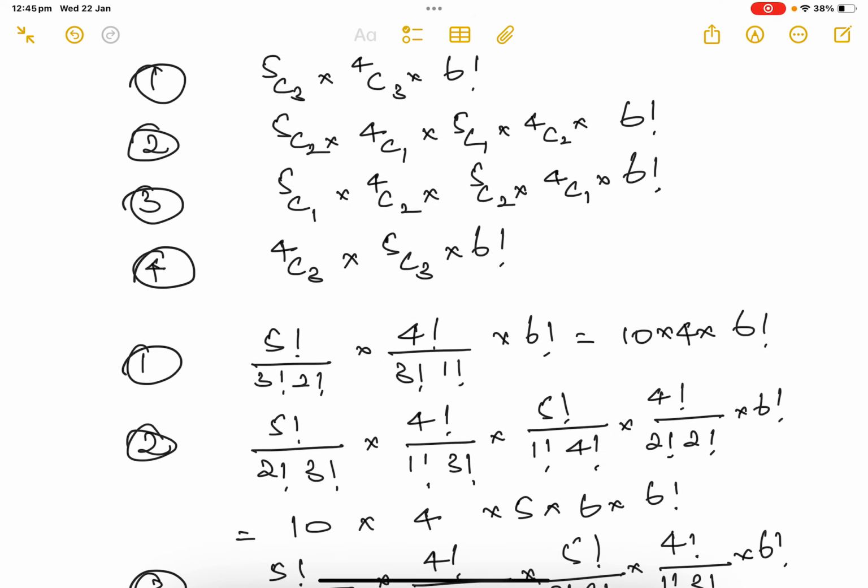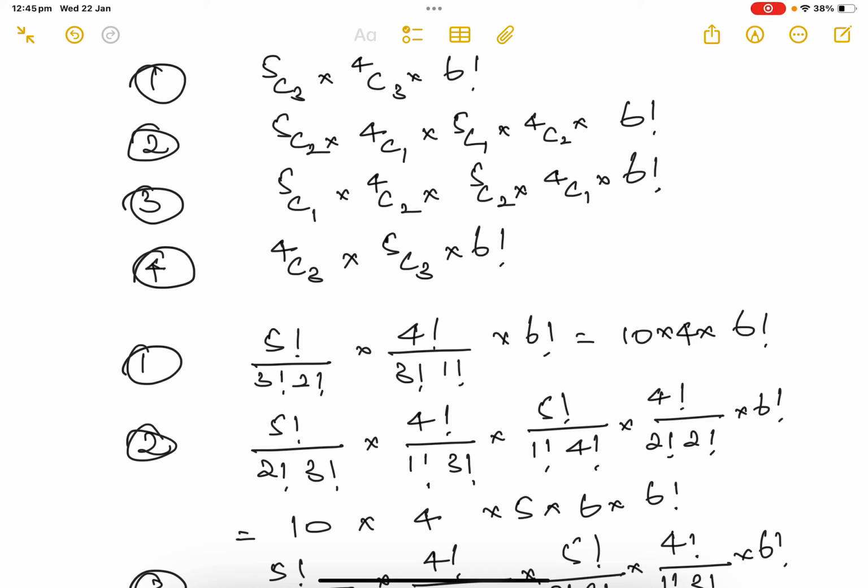Now the fourth type, 3 digits, 4C3, and 3 letters, 5C3 from P2. Again, 6 elements arranged to get a password. Therefore, the permutation is 6 factorial.